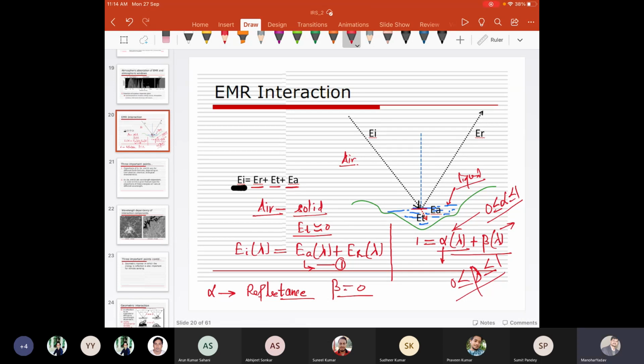So alpha is reflectance and beta is absorptance over here. If beta is equal to 0, then what does this mean?